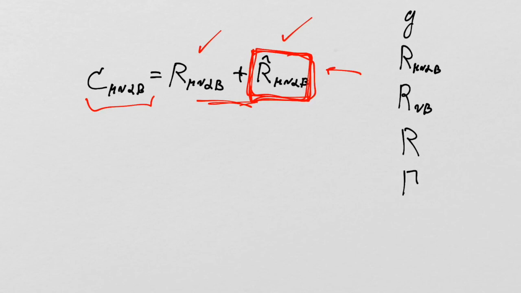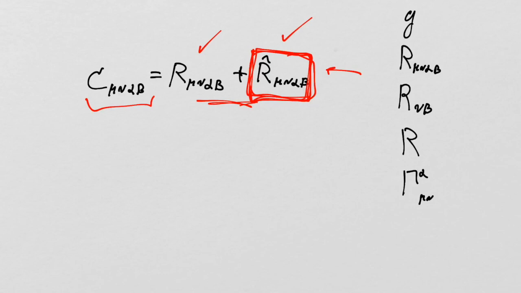But the connection is buried in the definitions of these various pieces. But ultimately, it's all built on the metric, right? Because the metric builds the connection builds the Riemann tensor, which builds the Ricci tensor, which builds the scalar. So everything's ultimately built off of the metric.